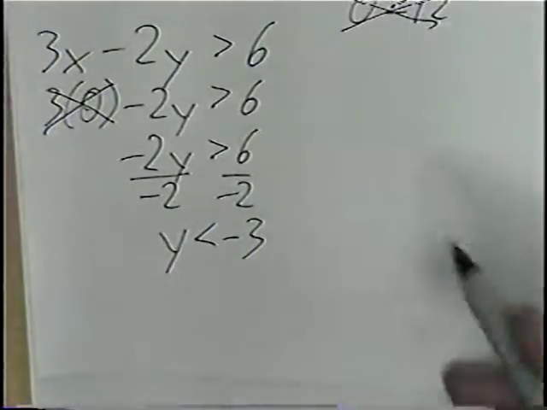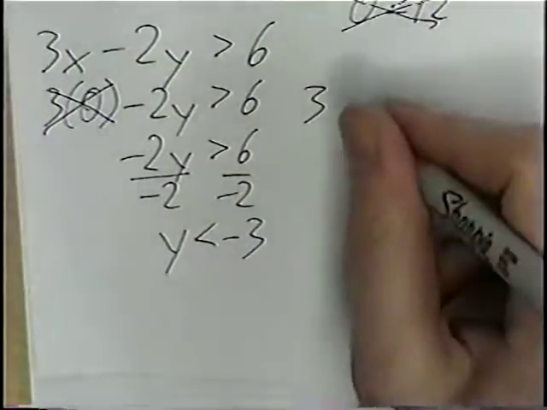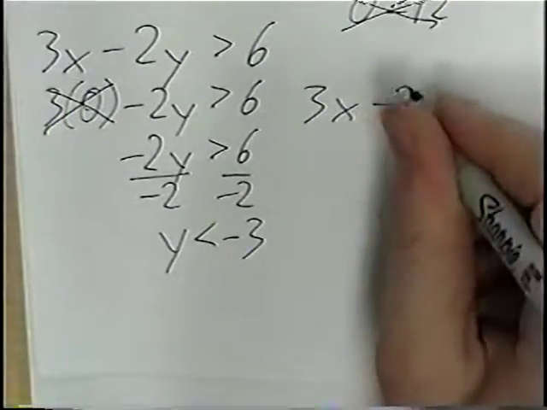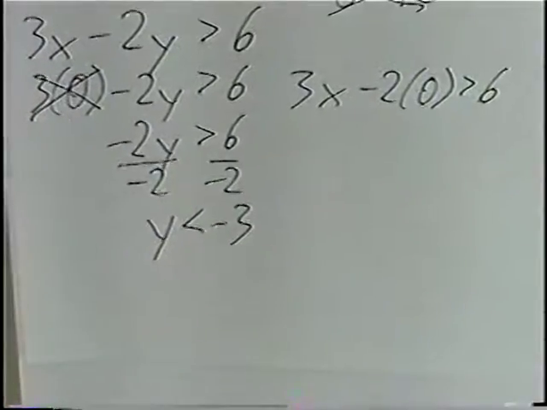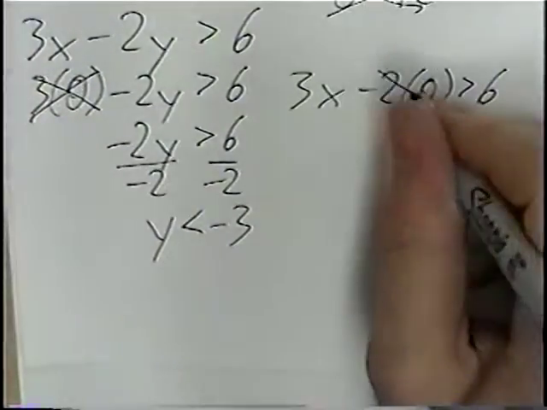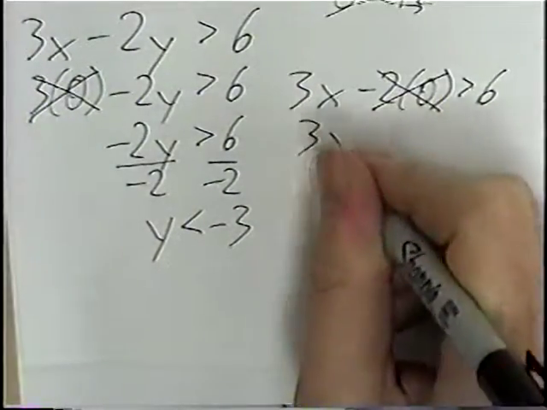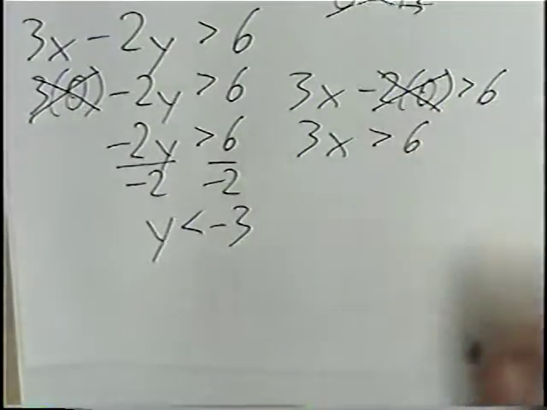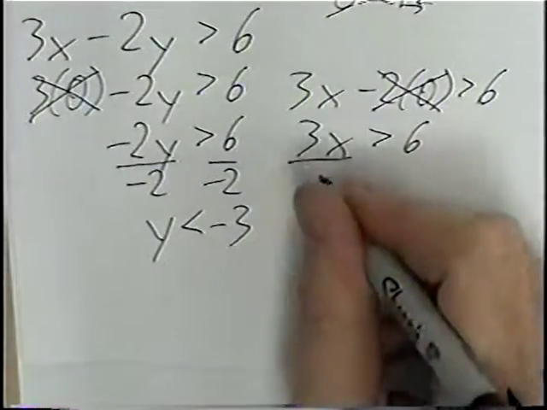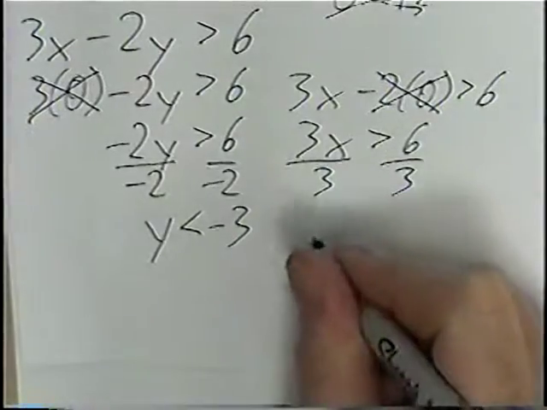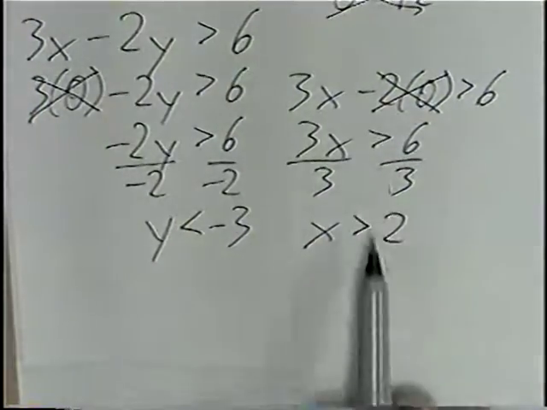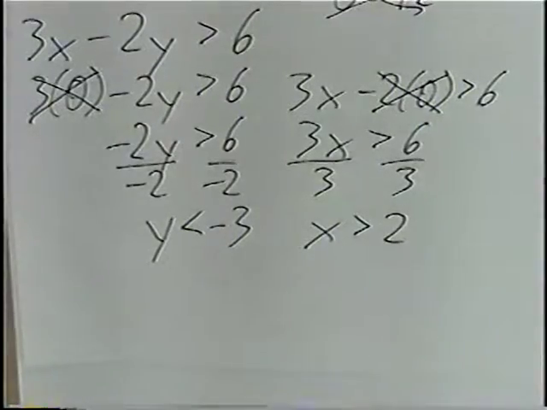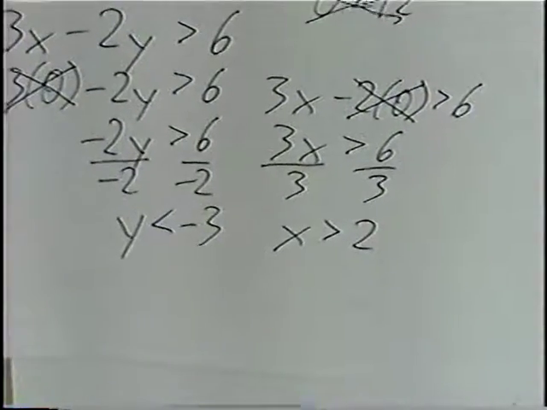Solving the same inequality, but this time we'll put a 0 in for the y value. 3x minus 2 times 0 is greater than 6. 2 times 0 again would cancel, so we'll be left with 3x is greater than 6, dividing by a positive 3. x would come down, and dividing by a positive number, the inequality would stay the same, and 6 divided by 3 would be 2.